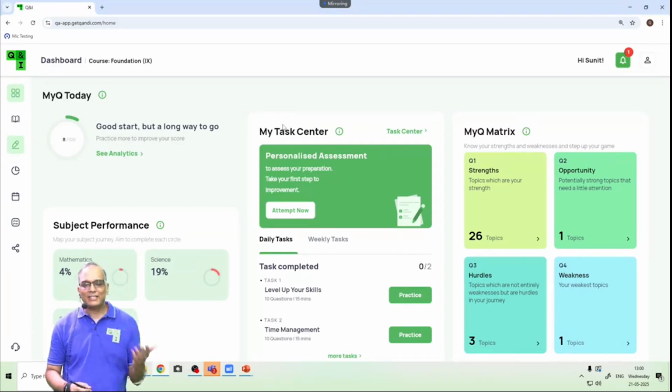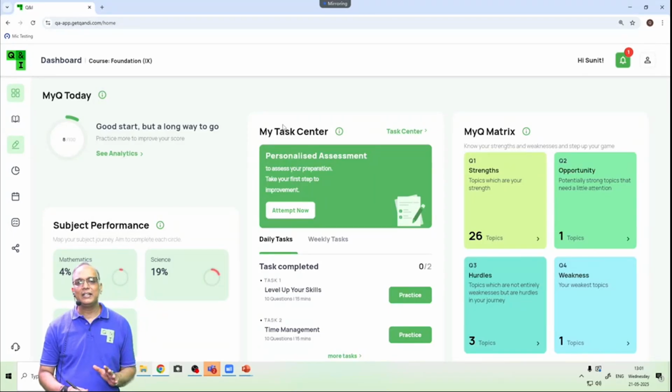We'll have our next round of diagnostic test on Friday at 11:30 a.m. Those students who have not taken the diagnostic test can take the test so that the platform calibrates itself. When you go and practice there, you will get questions of your level. Platform practice is very important to understand your topic level proficiency. So whatever we have taught in the class, you can check your level of understanding in that topic.